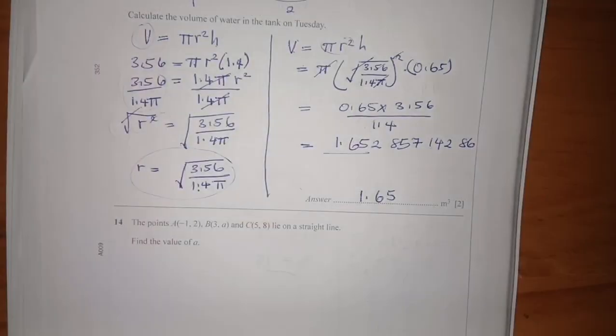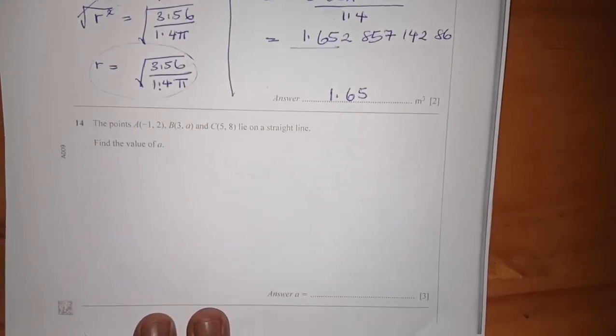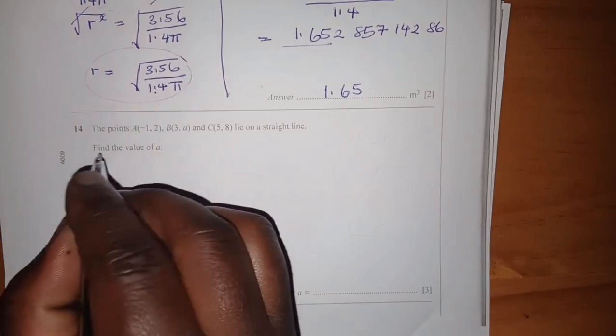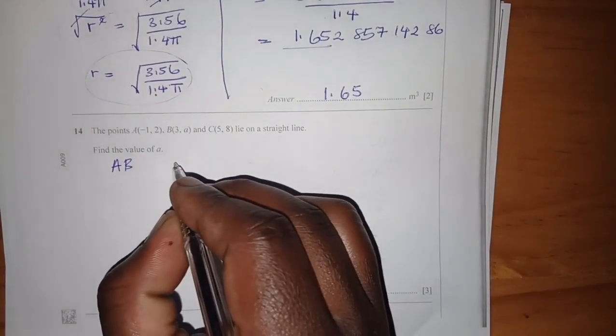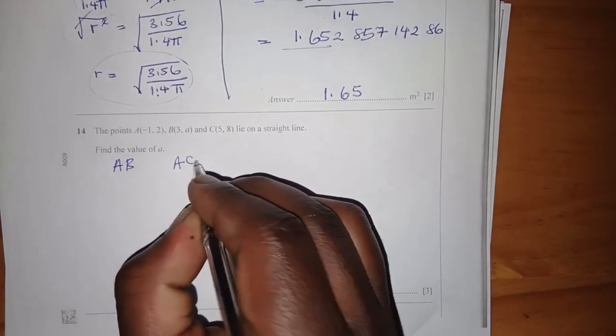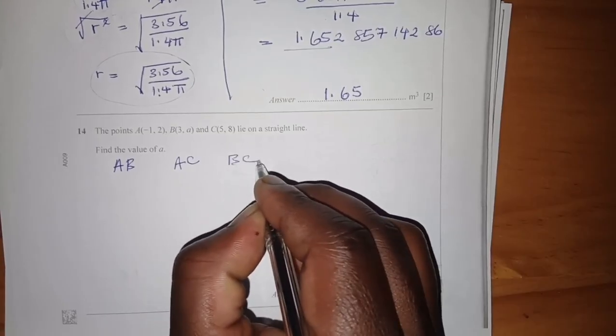That means that if you were to say you have the line AB here, you also have the line AC here, you also have the line BC there.